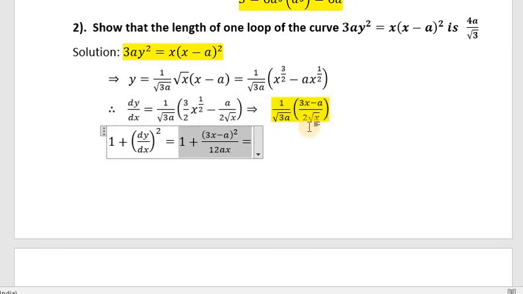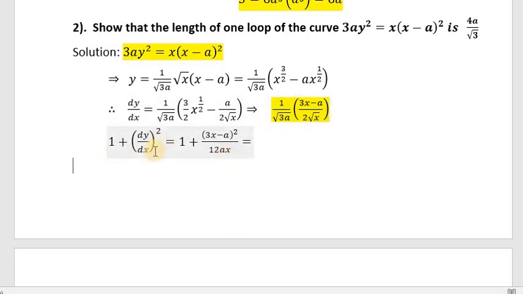Now squaring this, we get 3x minus a whole square in the numerator, and root 3a squared is 3a, into root x squared is x, so we get 3a into 4x, that is 3 4s are 12ax.